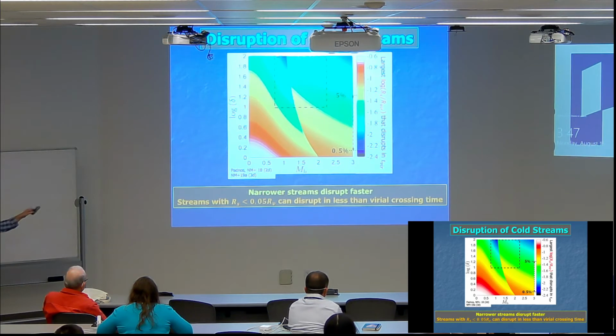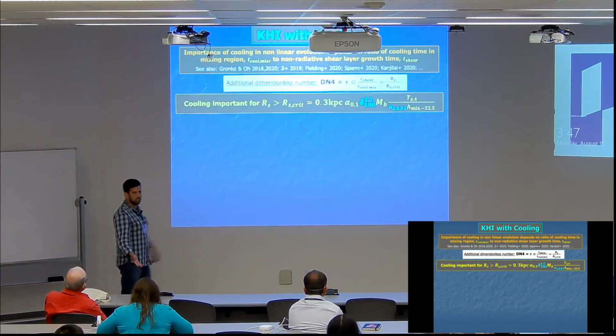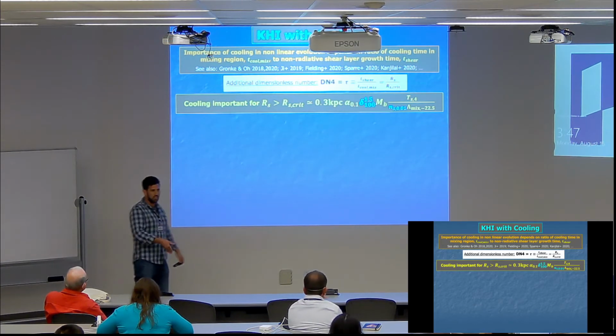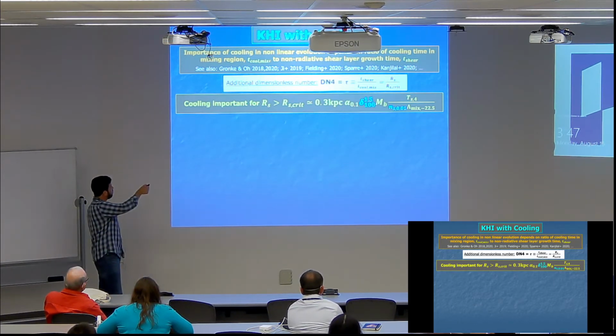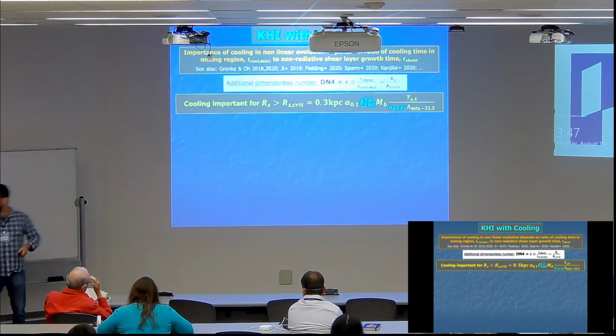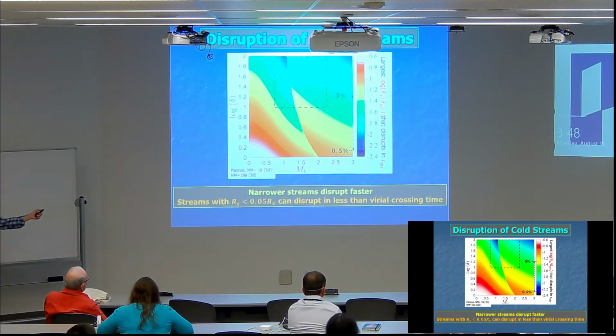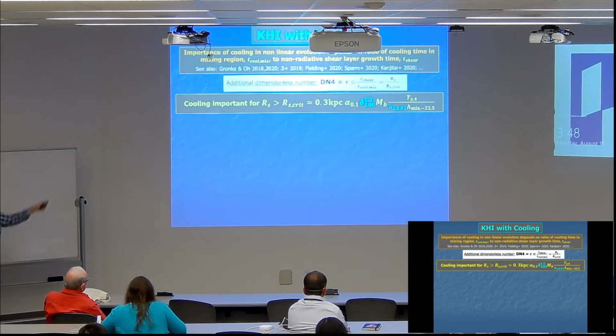However, everything I've told you about thus far has included only pure hydrodynamics with a bit of cosmology in the background. What happens if I include cooling? Obviously, cooling is important. These are cold streams. So when you talk about cooling, you basically have to introduce a 4th dimensionless number, which is the ratio of this non-linear disruption time, which I'm calling here T shear, to the cooling time.